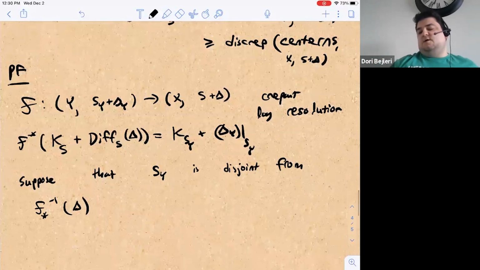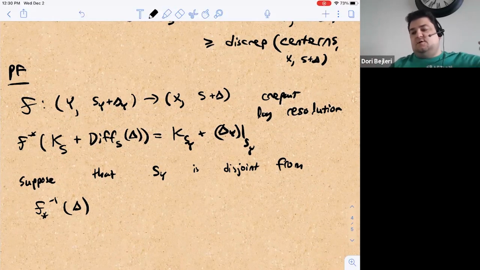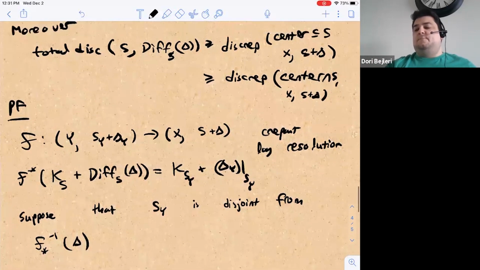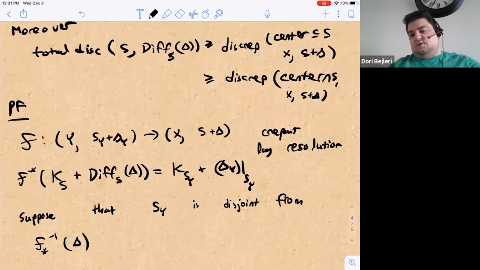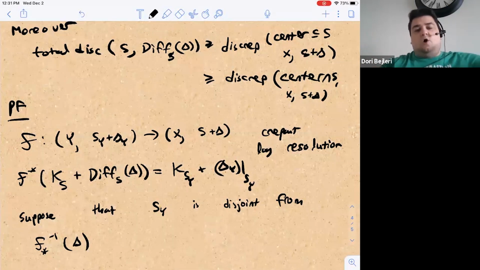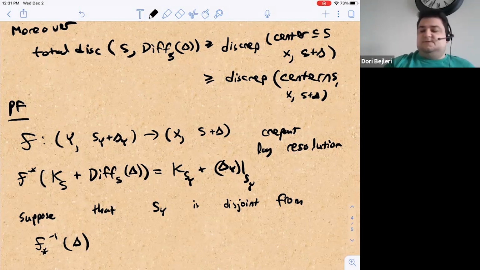In this case, every divisor that has a non-zero discrepancy with center intersecting S, every divisor we're looking at in these inequalities, is either exceptional for Y, or it's one of the divisors of delta_Y that intersect S_Y. But because we've blown up further, all the divisors of delta_Y that intersect S_Y are exceptional. So actually, all the divisors that we're dealing with in these inequalities of discrepancies are f-exceptional.